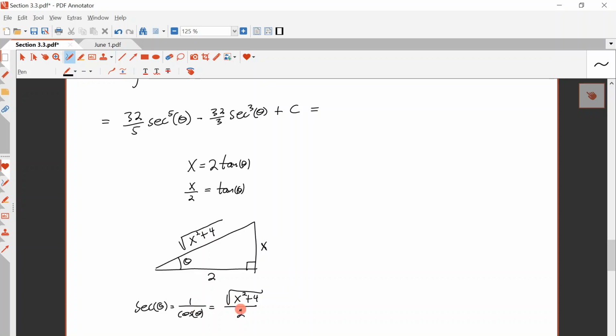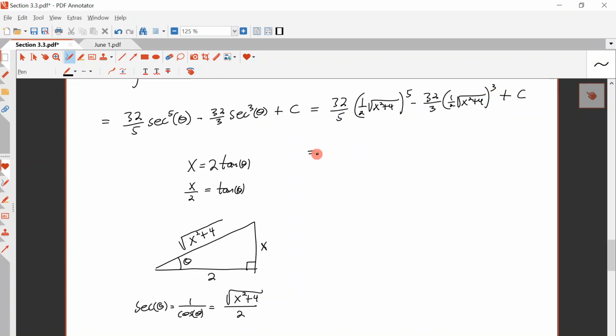And then we use this back in here. So this is equal to 32 over 5 times 1/2 square root x squared plus 4 to the fifth, minus 32 over 3 times 1/2 square root x squared plus 4 to the third.